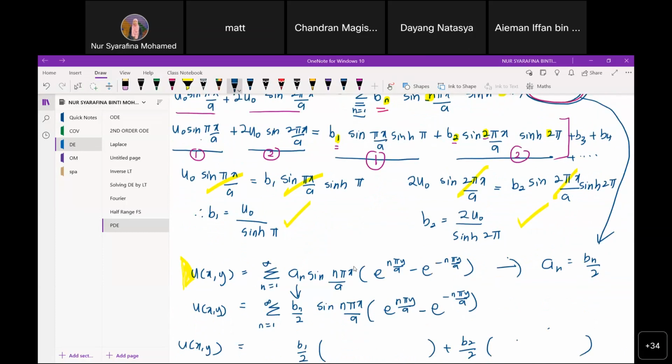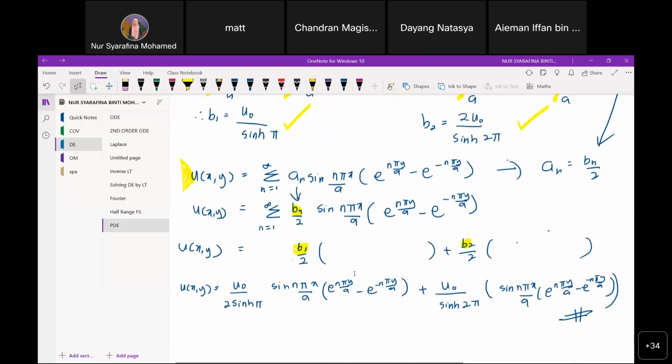Substitute when n equals to 1, what is your b1? When n equals to 2, what is your b2? Then this is your final answer. And as you can see, we can factorize this expression.